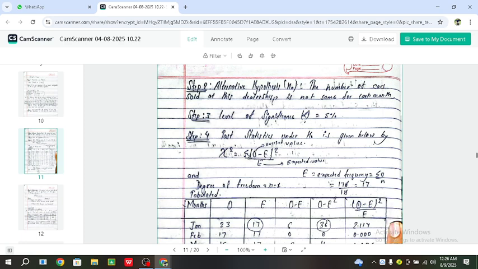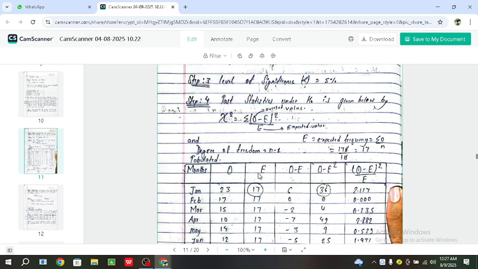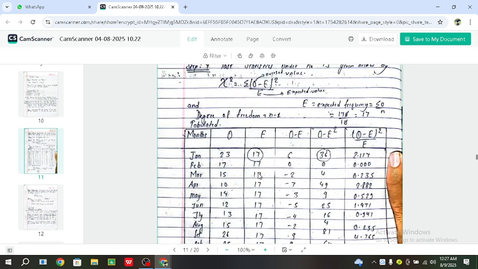Sorry, not one tail and two tail. The chi-square formula is this only. Here summation of O, that is observed value minus expected value, whole square, divided by E in the chi-square test. Always make the table. Always make the degree of freedom.